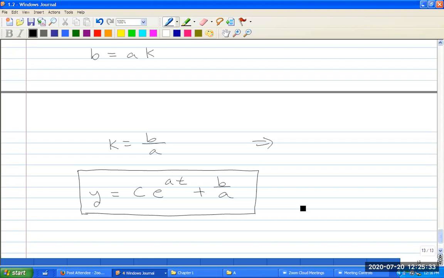So it says equation 17, let me check. Equation 17 says y, oh, they wrote it the other way, y equals b plus c e to the at. So it's the same equation, they just wrote the b over a first. So yes, we did it the same way. And it is a solution. Good.